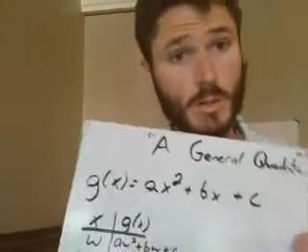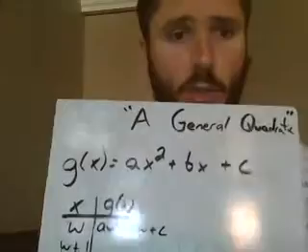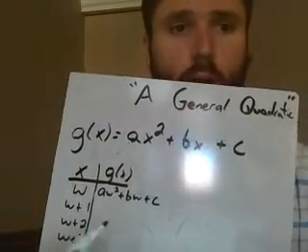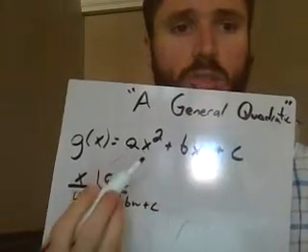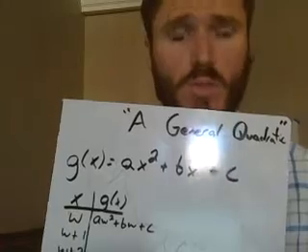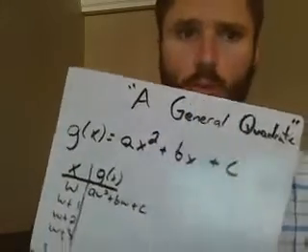Here's where it gets a little harder, a little more algebraically tricky. What happens if I plug in a w plus 1? Well, now all of my x's in the original general equation are going to become w plus 1s. So how would that look? Let's write it out. It would be a times the quantity, in parentheses, w plus 1 squared.